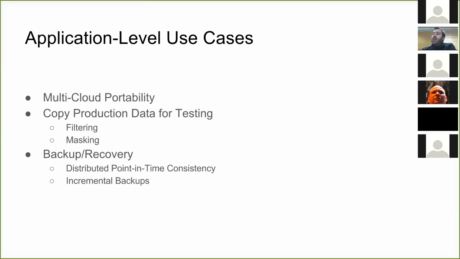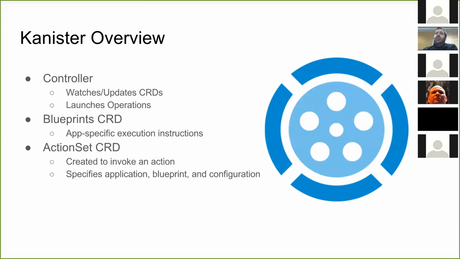And finally, many complex applications require specific tools to perform data protection. So you can think of big distributed applications. So you have point-in-time consistency. You need to have semantic understanding of the data. So Canister tries to address all of these use cases.